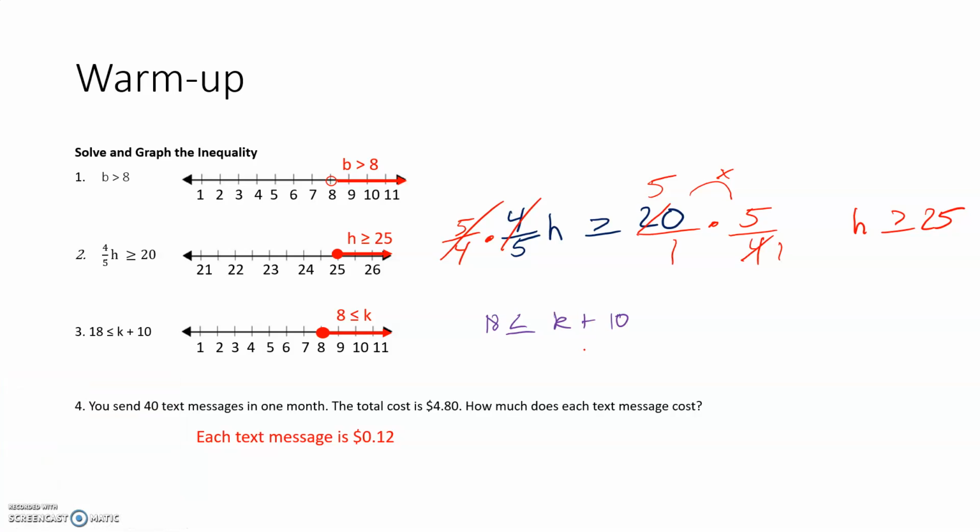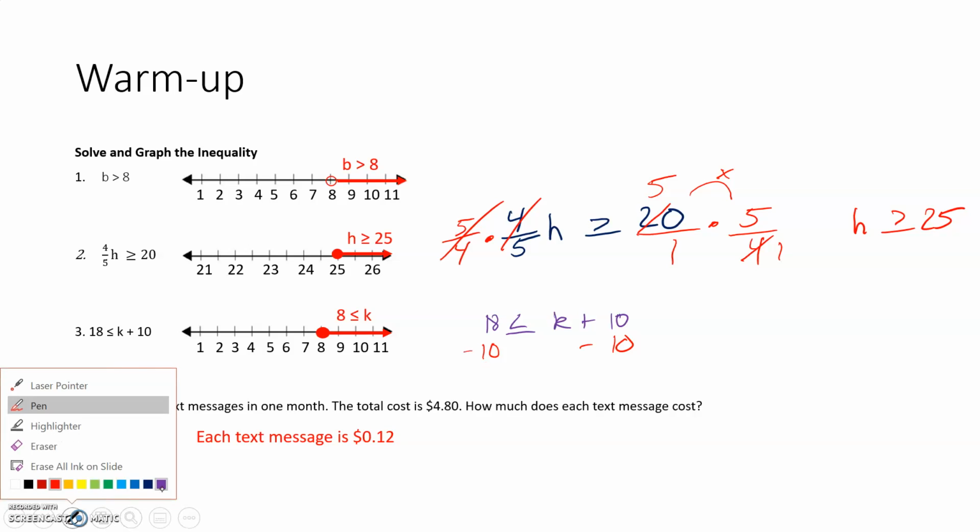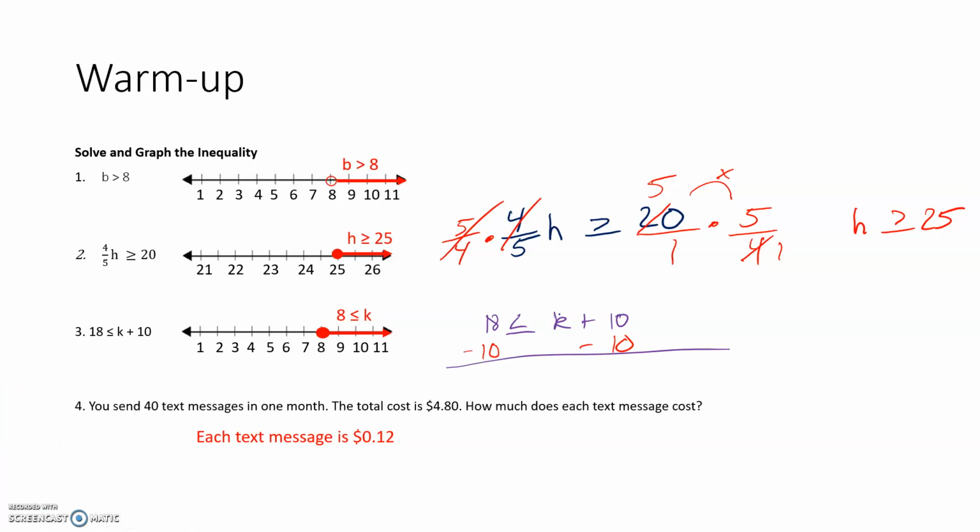I'm getting that variable isolated using the inverse operation, and I'm left with 8 is less than or equal to k, or k is greater than or equal to 8. Okay.